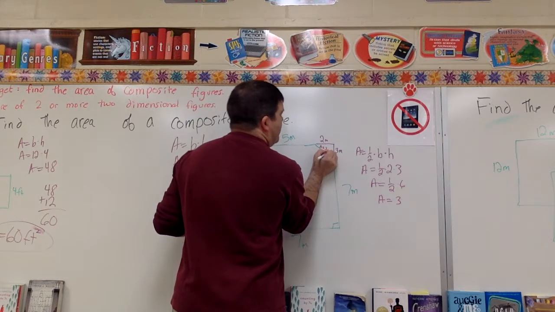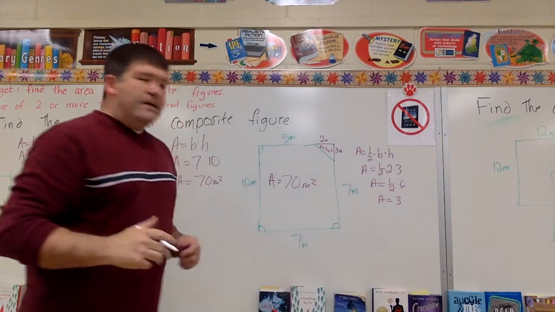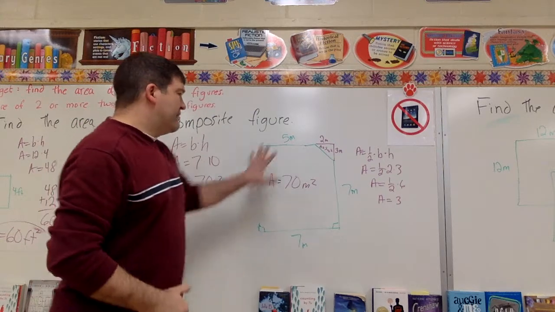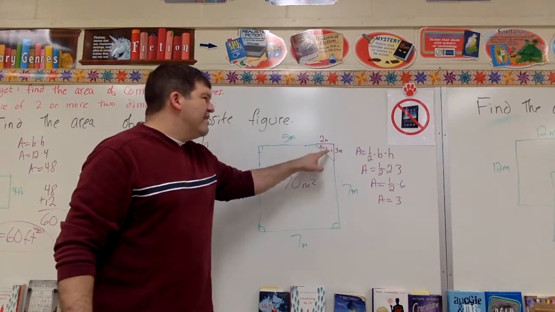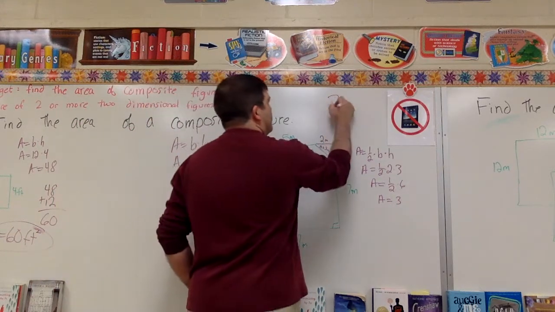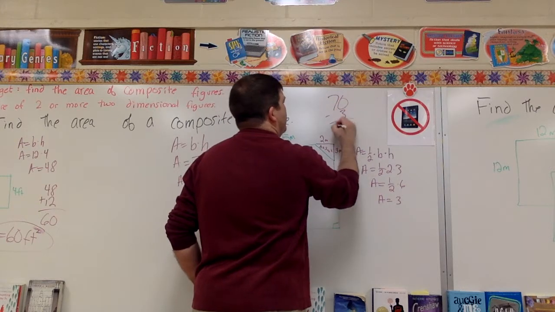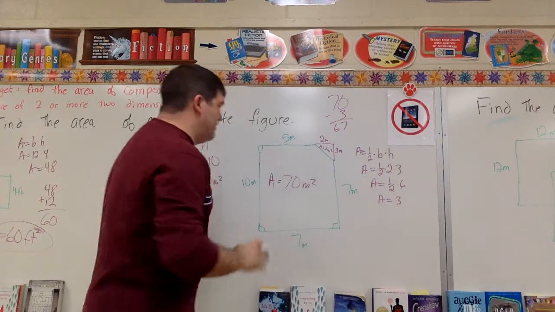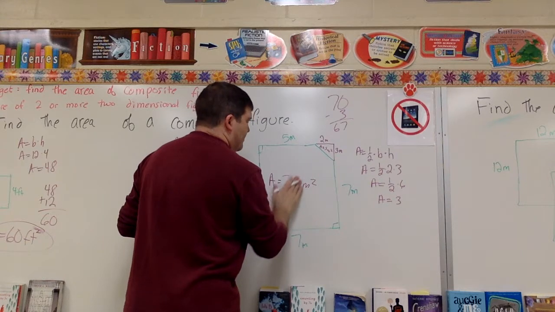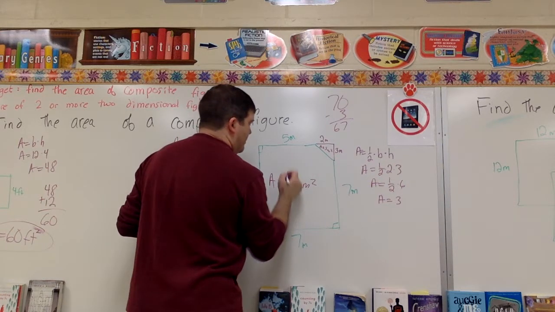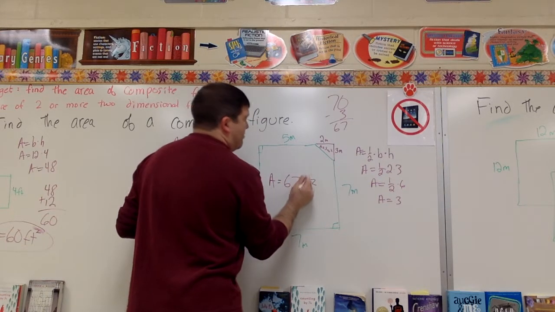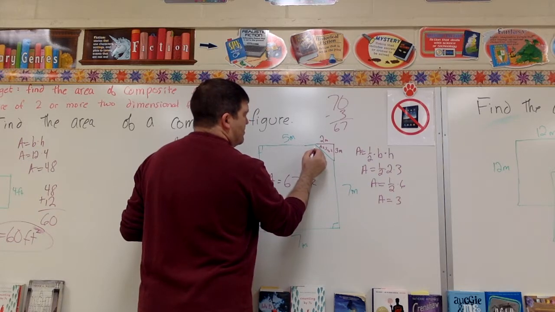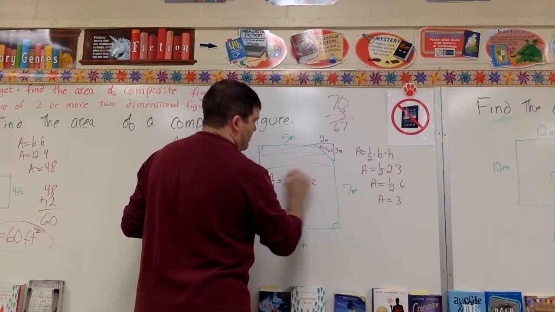So this is 3 meters squared. Okay, so if the big thing is 70, I take away this little triangle. 70 minus 3 leaves me with 67. So this is no longer 70, it's 67 meters squared, which is just this part here.